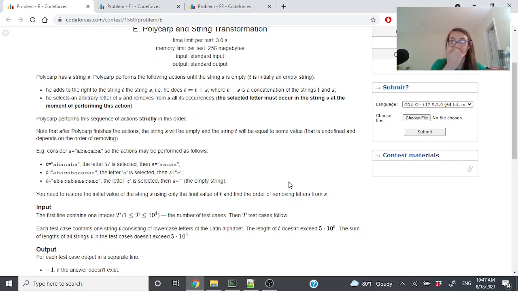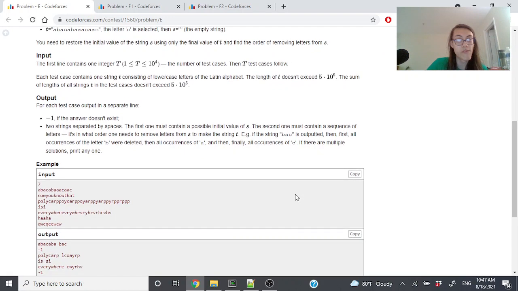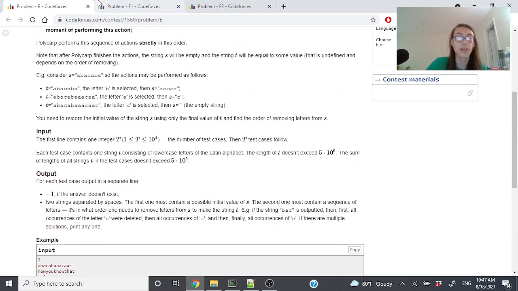And to the right of the string t, the string s. t is t plus s. Okay, that looks annoying.